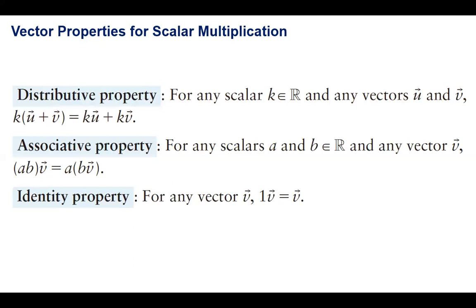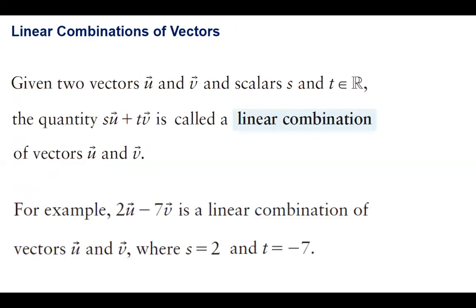Okay, if no questions, let's have a look at another concept, which is called the linear combinations of vectors. Given two vectors, u and v, and scalars s and t belongs to the real number set, the quantity su plus tv is called a linear combination of vectors u and v.